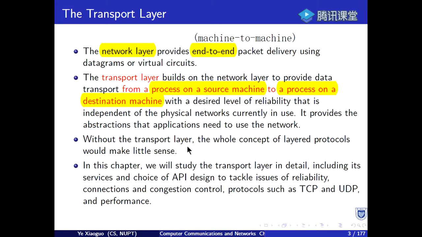So the transport layer is very important to provide the abstractions the applications need. In this chapter, we will study the transport layer in detail, including its services and choice of design to tackle issues of reliability, connections, and congestion control, protocols such as TCP and UDP, and their performance.